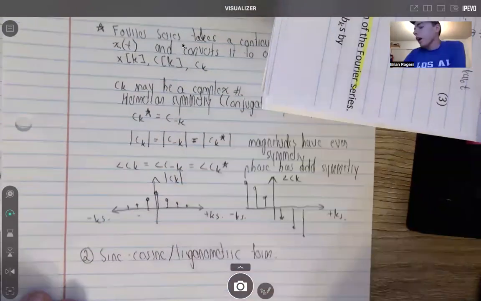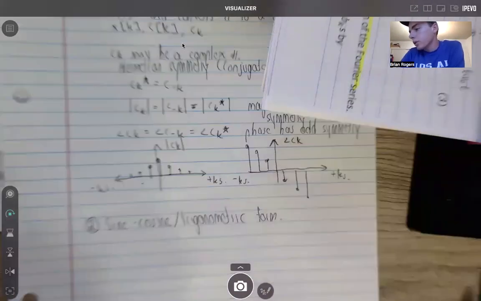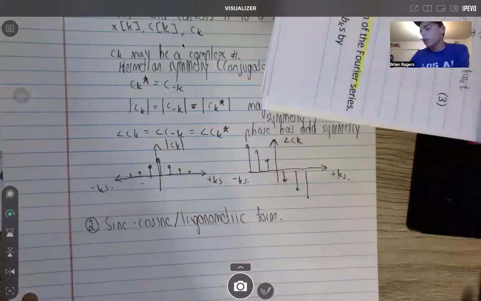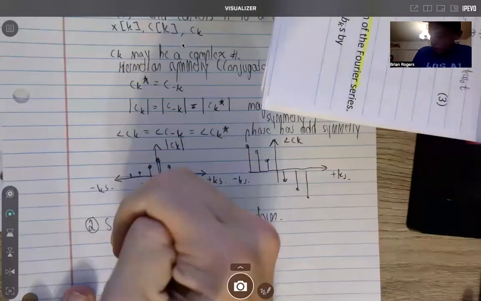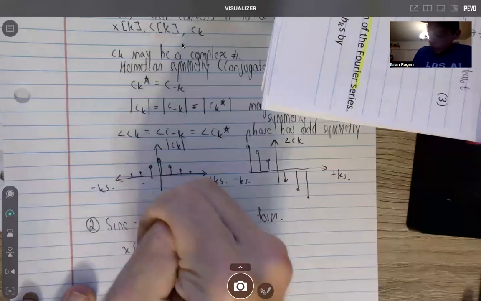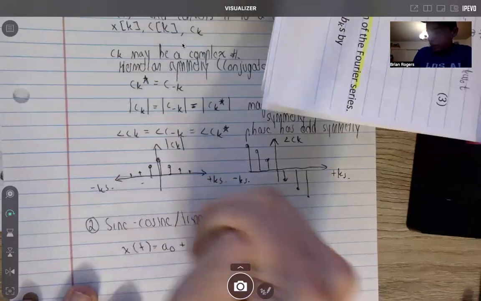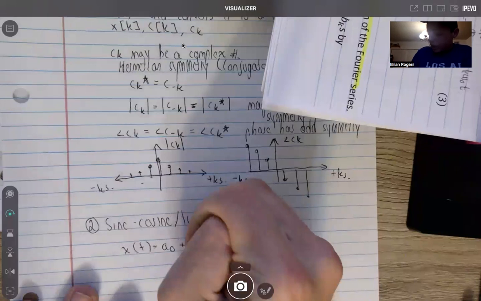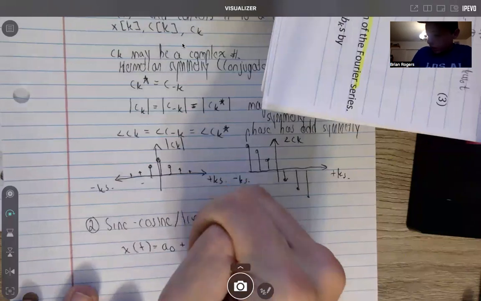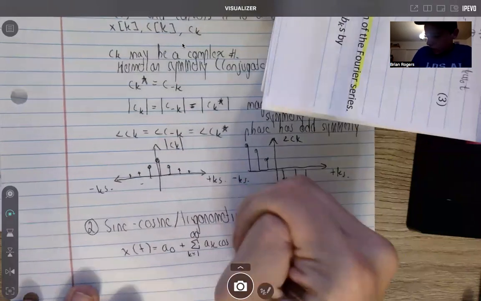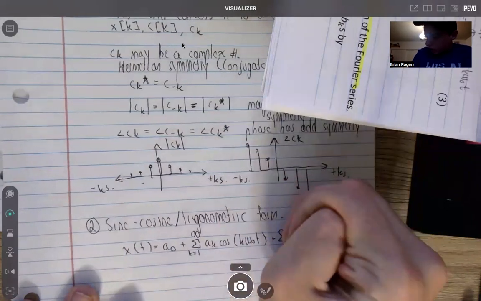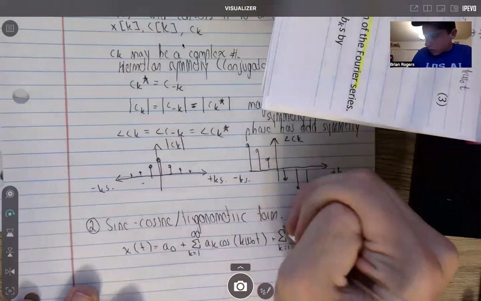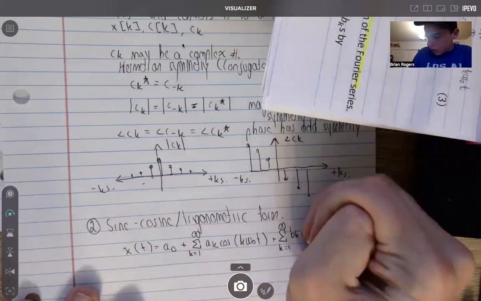So if we have the sine cosine form, it's basically going to tell you that you're going to have your x of t equal to a naught plus the series from k equals 1 to infinity of a k cosine k omega naught t, plus the series from k equals 1 to infinity of b of k sine k omega naught t.